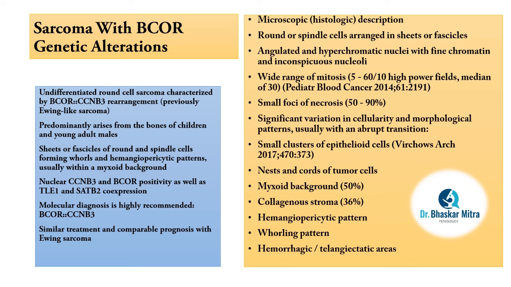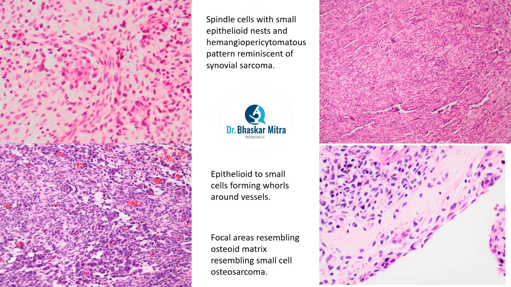They classically have round to spindle-shaped cells with a hemangiopericytomatous appearance. Classically we can see spindle cells along with a typical hemangiopericytomatous vascular arrangement in these tumors. The cells are epithelioid to small cells, arranged in nests at places. So it looks more like a spindle cell tumor than a round cell tumor.